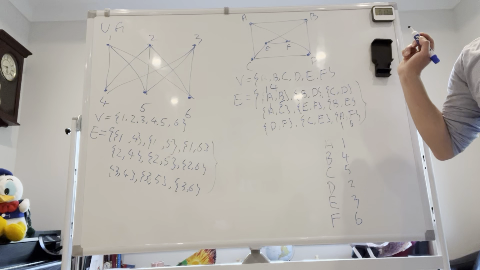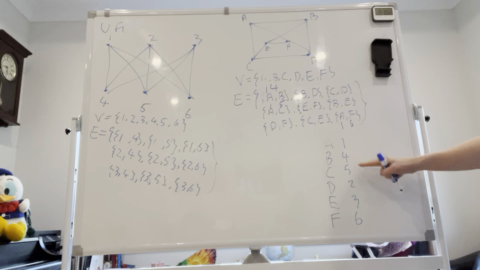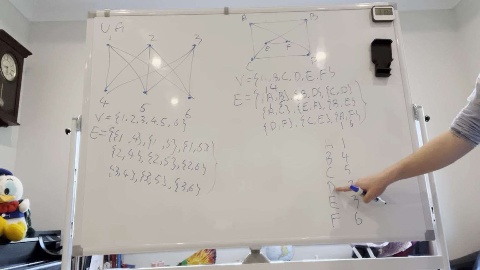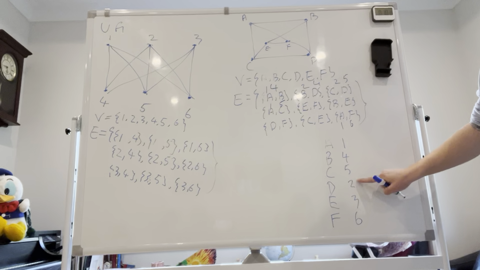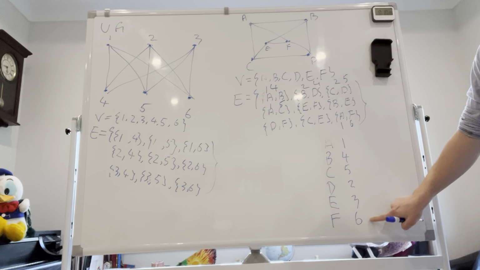Do you know what I'm trying to do? Okay. And then the C and then D. We have BD, so that's 2, 4. And then we have CD, that's 2, 5. And then we also have DF, which is 2, 6.